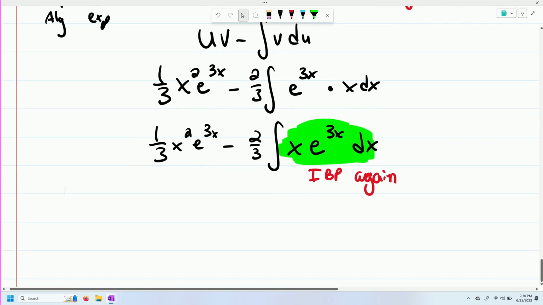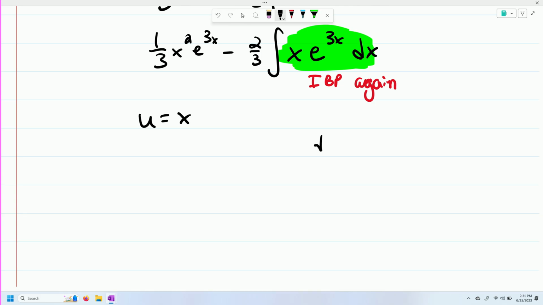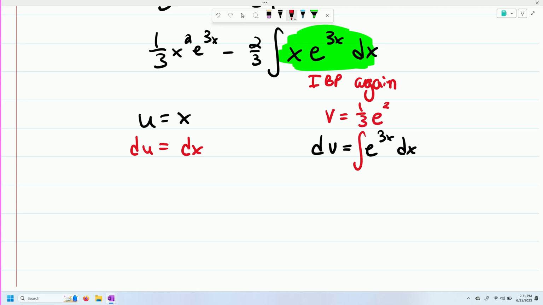The whole process repeats. u is going to equal x, dv is going to equal e to the 3x dx. So du now equals dx. And when I integrate this, we get v equals 1/3 e to the 3x again.